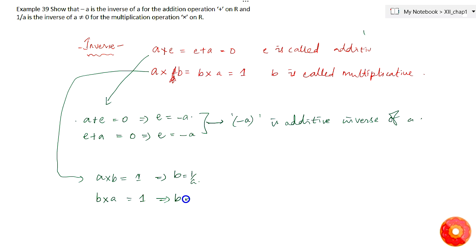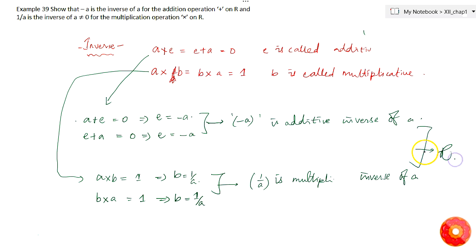That implies b is again equal to 1 by a. So both cases agree. So 1 by a is the multiplicative inverse of a.